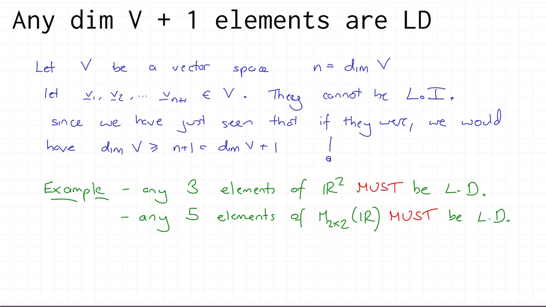So this is very useful because often proving things are linearly dependent can be a little bit time consuming. You might have to solve a bunch of linear equations. You might have to carefully check that there exists a non-zero solution to a particular set of linear equations, whereas now, straight away, as soon as you see dim V plus 1 or more elements in a vector space V, then you know they must be linearly dependent.